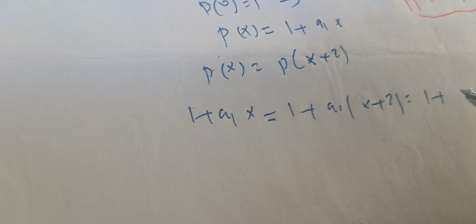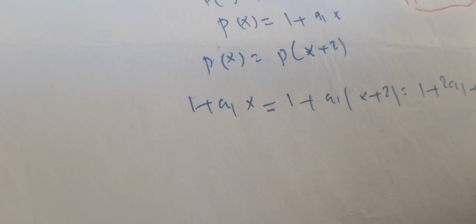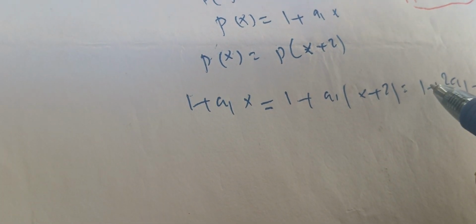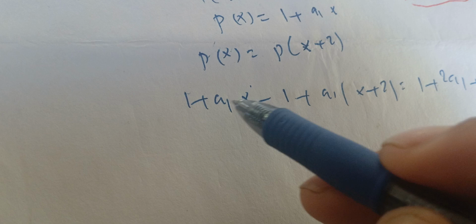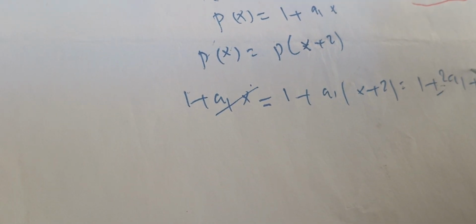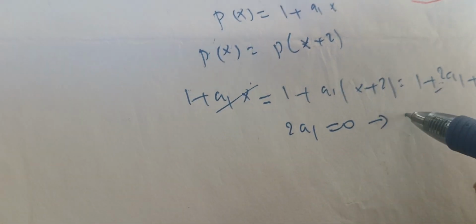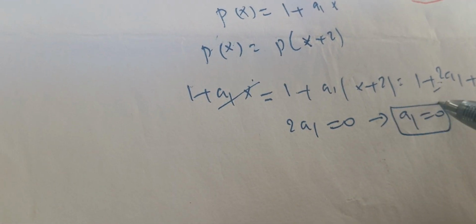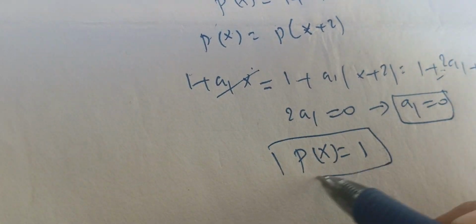This is 1 plus 2a1 plus a1x. Okay, so here we can simplify. This one will cancel with this one, and we have 2a1 is 0. That means a1 is 0. Therefore, again we get p(x) = 1.